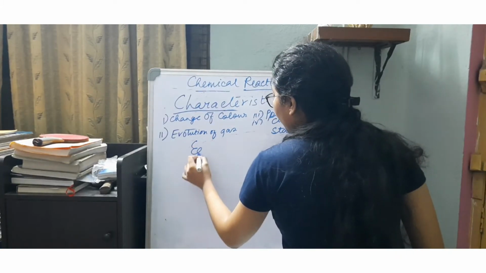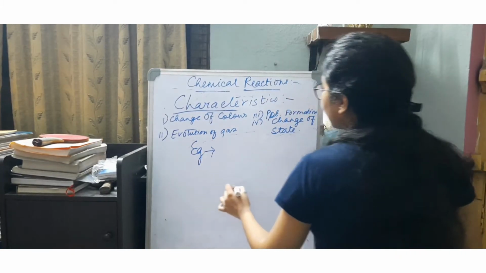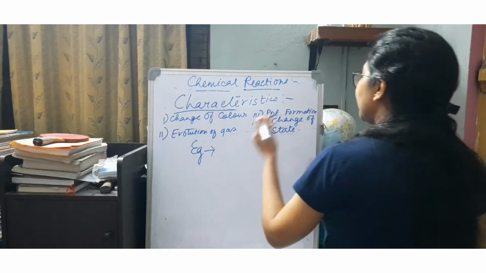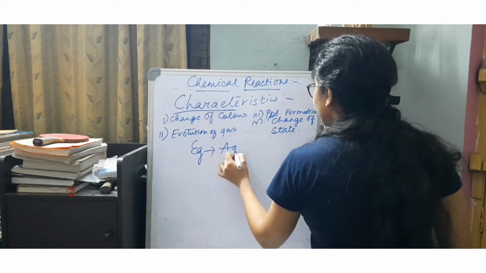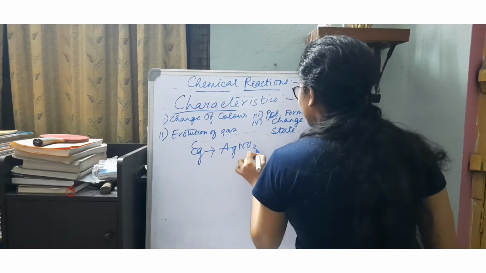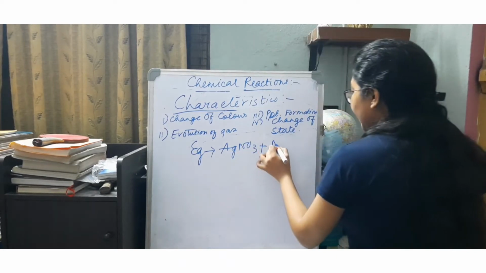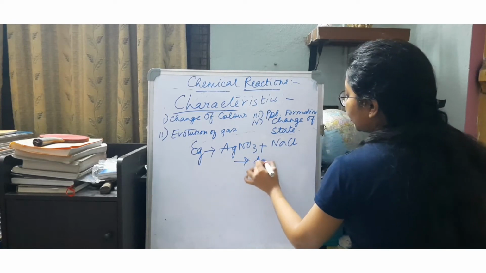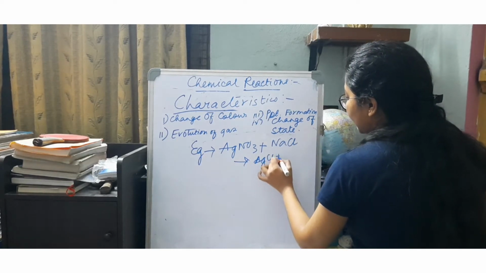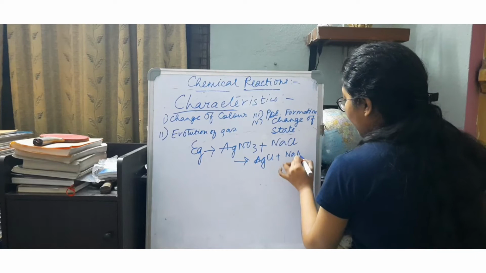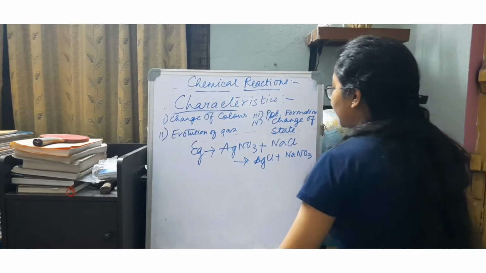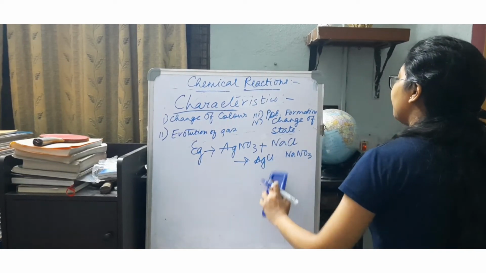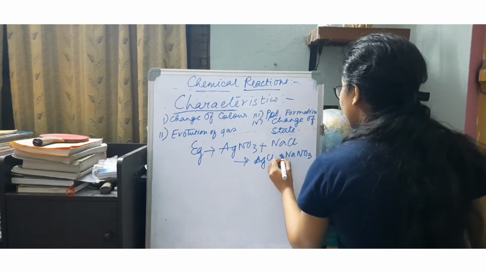The most important reaction is, if we see a very common reaction where AgNO3 reacts with NaCl to form AgCl plus NaNO3. Now note down or observe very carefully the important annotations that I provide.